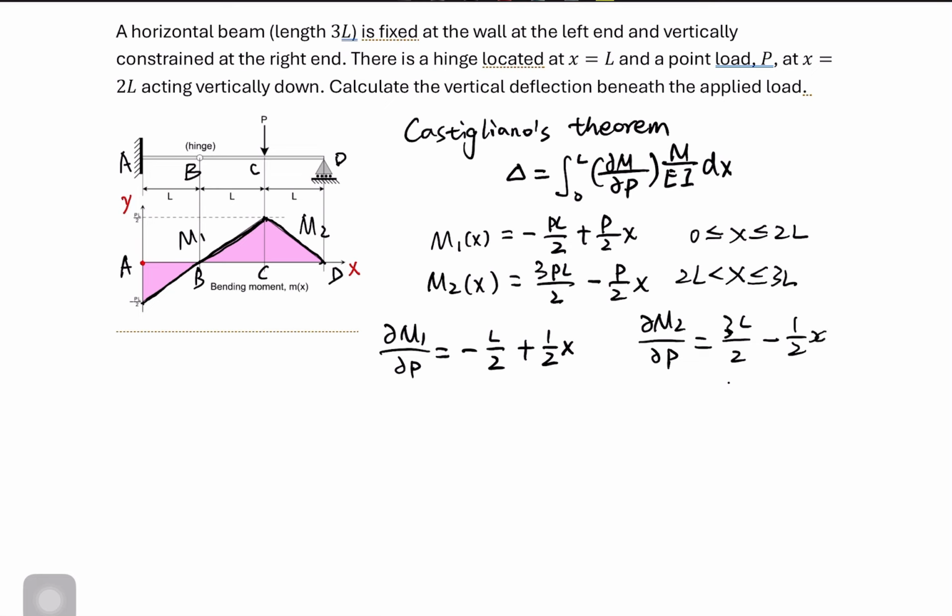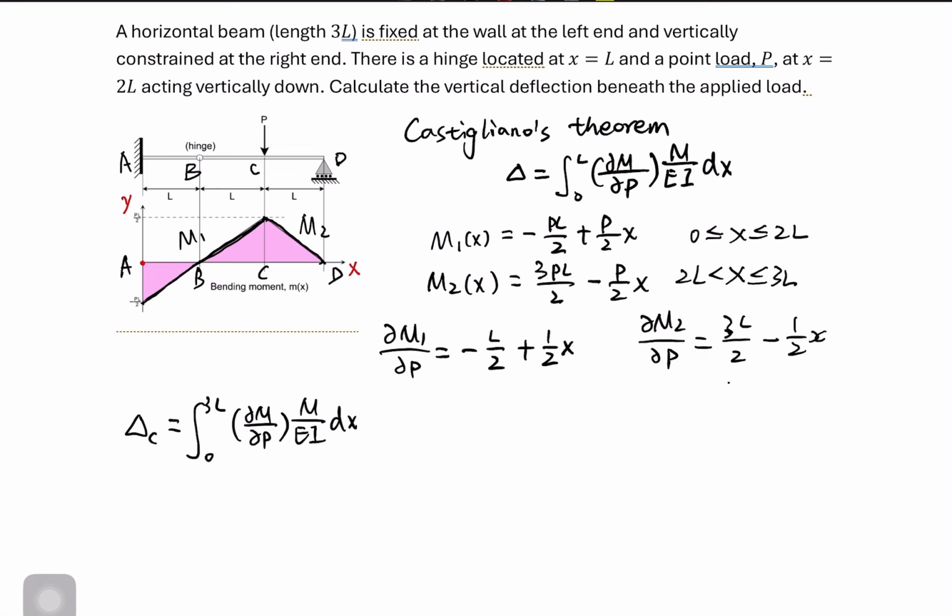After we got these expressions, we can plug these two expressions into Castigliano's theorem. We will have delta C is the integral from 0 to 3L, because the length of this beam is 3L, of partial M over partial P times M over EI dx.